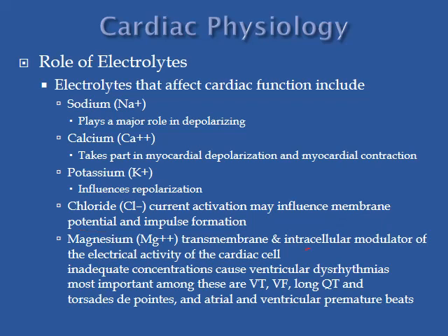So she's the intracellular modulator. The mother controls the electrical activity in the cell. When mom's not around, bad things happen, just like you know. Bad things in the heart are VTAC or VFib or torsades. So when mom's not around, bad things happen, especially inside the heart.